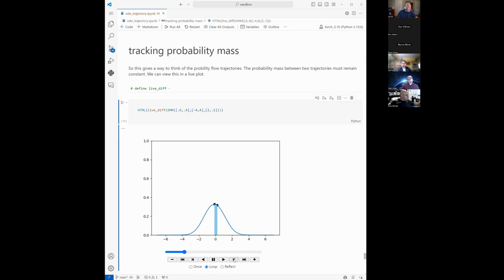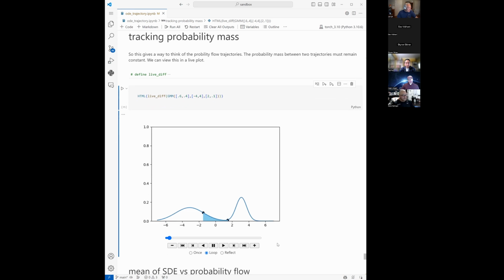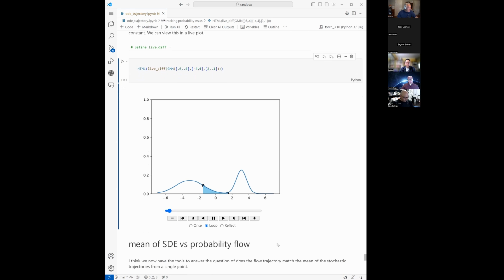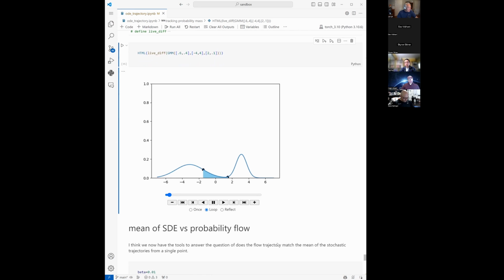And so this is my mental model now of what's going on with the probability flow: as the area between those two lines becomes less and less probable, the points have to move apart to preserve constant area under the curve. So anyhow, I don't know if that's helpful to others.